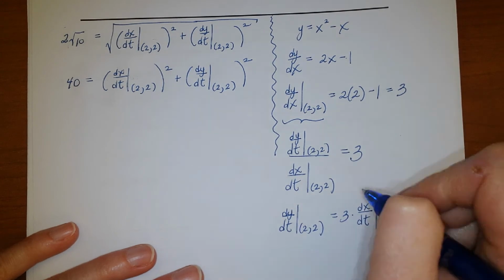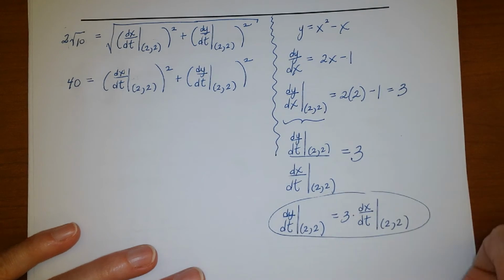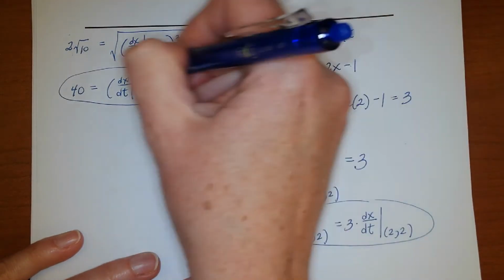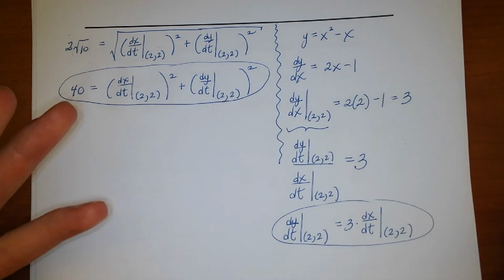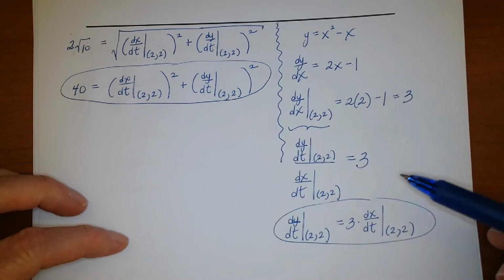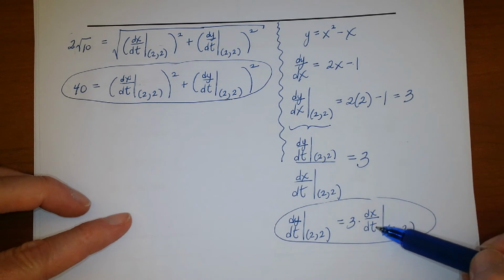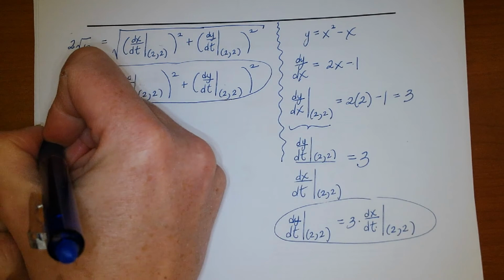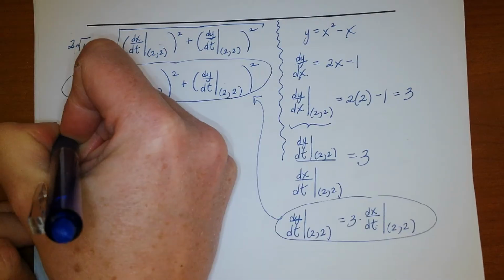And how does that help? Well, this is a relationship between the two unknowns, and this is a second relationship between the two unknowns. So I basically have a little system of equations, and I'm going to use substitution to solve it. I'm going to replace dy/dt with 3 times dx/dt, so this gets substituted into here.